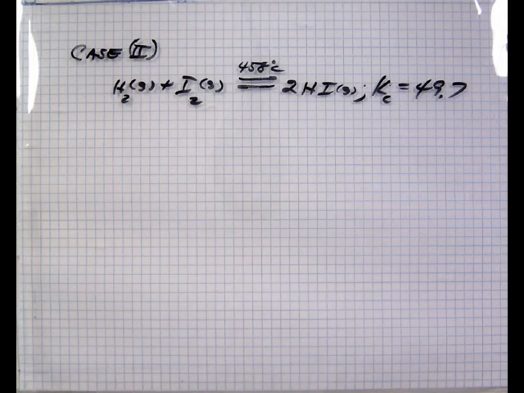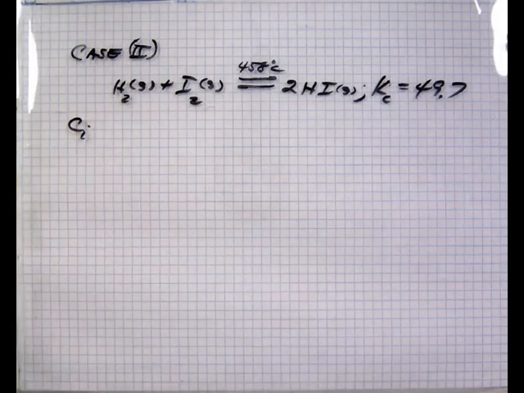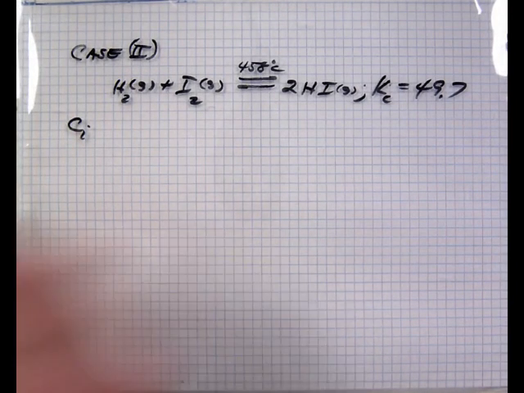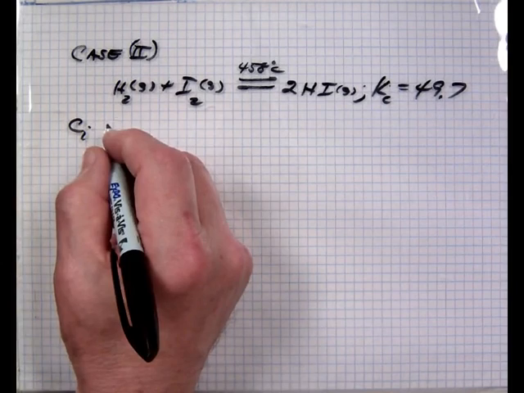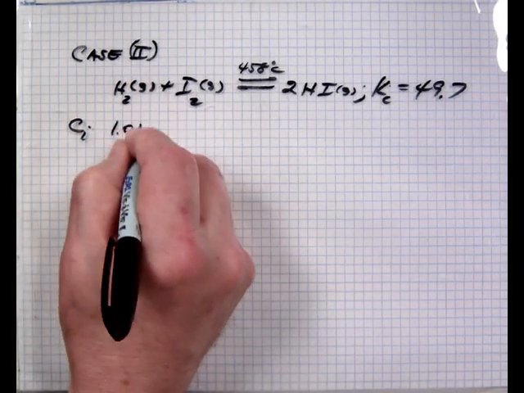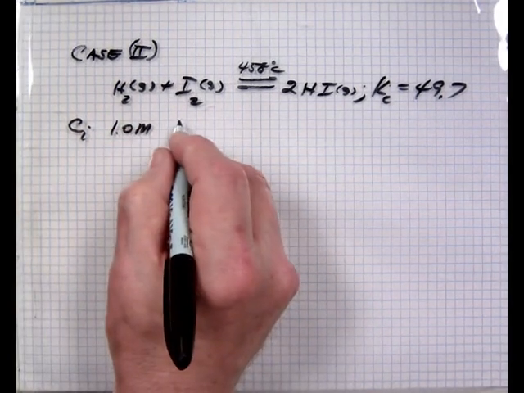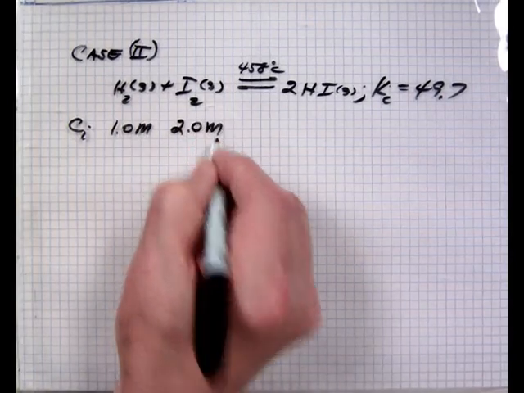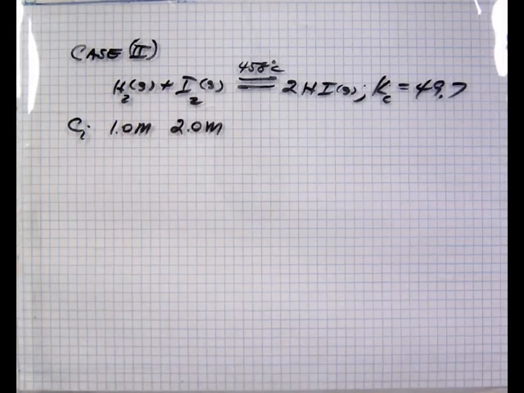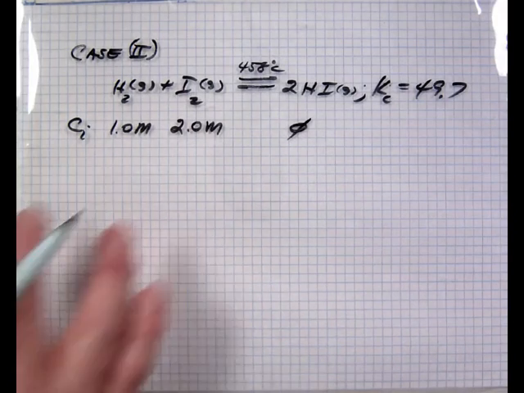The problem comes in when you add certain things to the reaction kettle. And in this, you have 1.0 molar of hydrogen and 2.0 molar of iodine thrown into the kettle before you start. These are not equal.